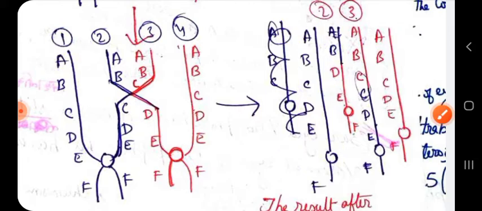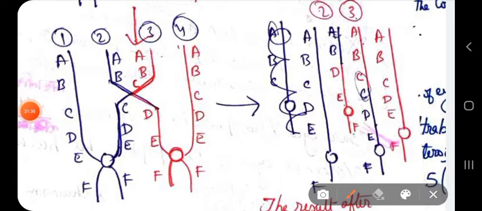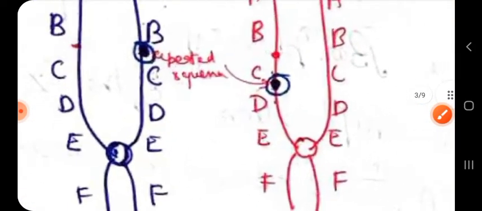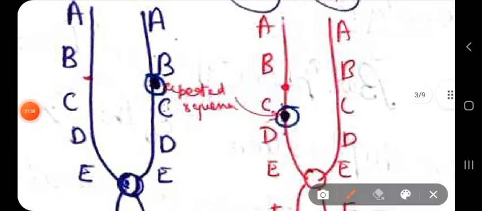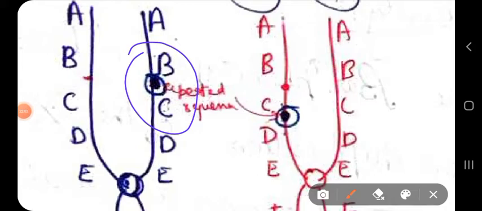The second chromosome: A, B, then crossing over has occurred, between BC of one homolog chromosome with the CD. If I see the previous picture, the crossing over has occurred between the BC region of one chromosome from that homologous pair and the CD region.